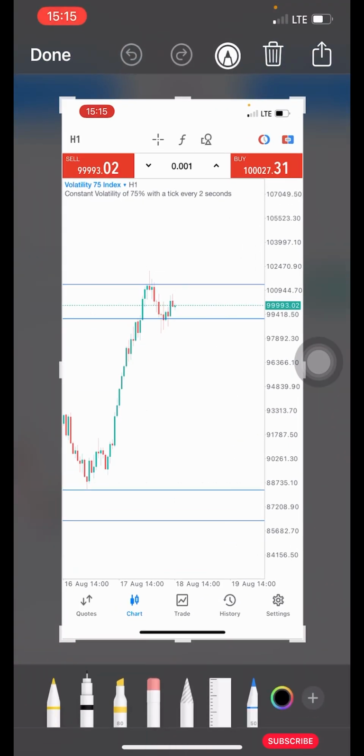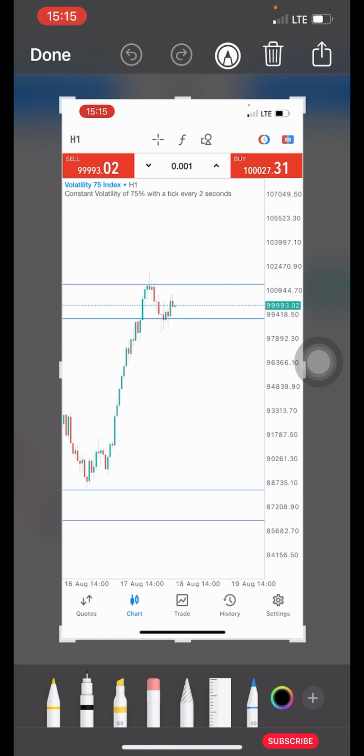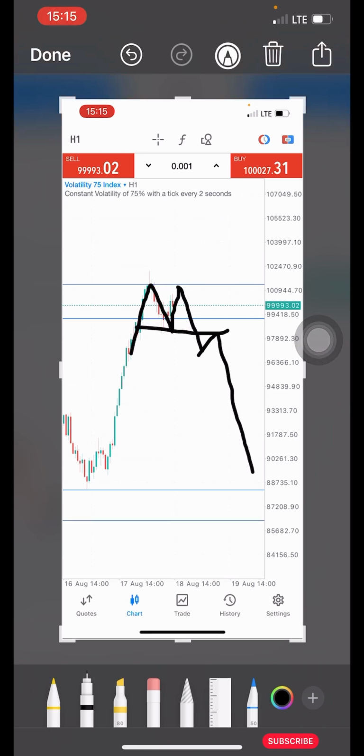This is what the market is trying to do. It's going to form something like this, what we call the M pattern. Price will break below this area, retest, and then continue to the downside.